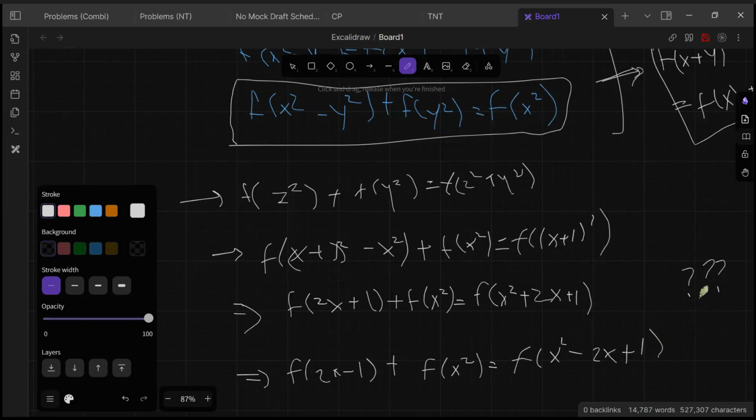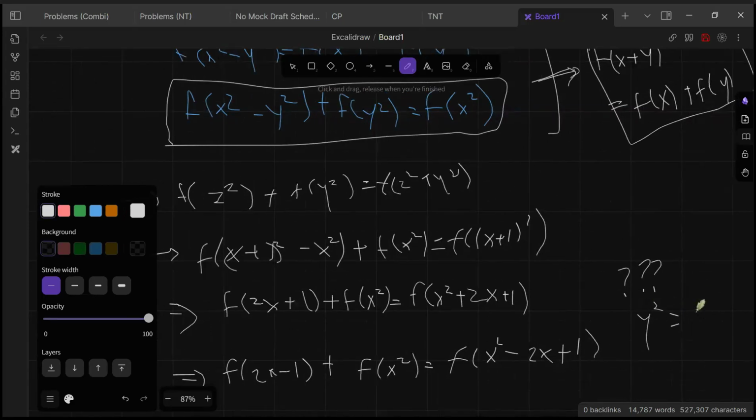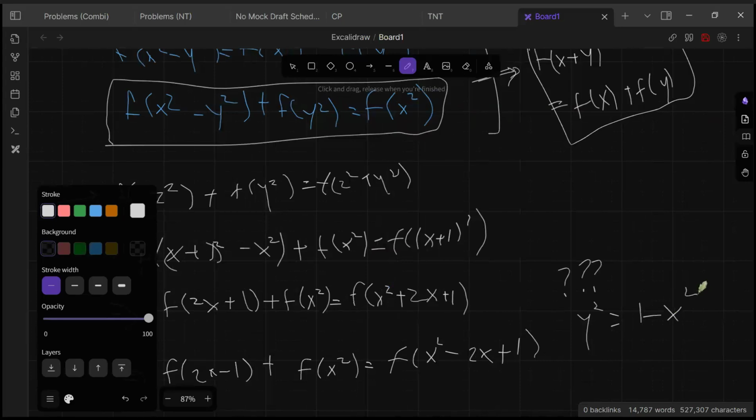Why do we want to assume x is positive? No, I'm saying y squared is equal to 1 minus x squared. That's what I did. No, I don't mean y is equal to 1 minus x. I mean y is equal to 1 minus x squared.